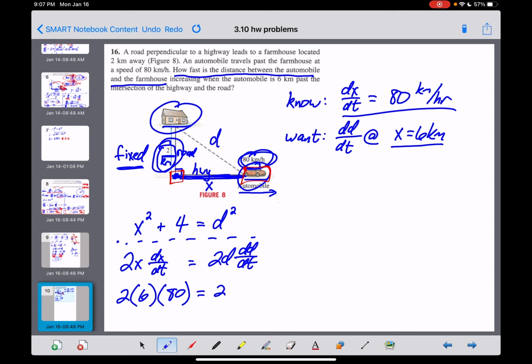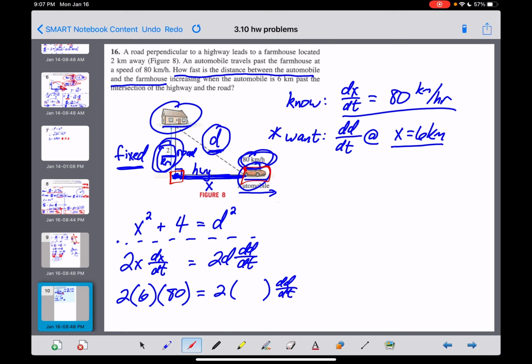That's going to equal 2 times a d value that we don't know yet. Let's deal with that in a second. And then the dd/dt at the end we're not supposed to know because that's what we're trying to find. So the missing link here, guys, is how big is d at this moment in question.